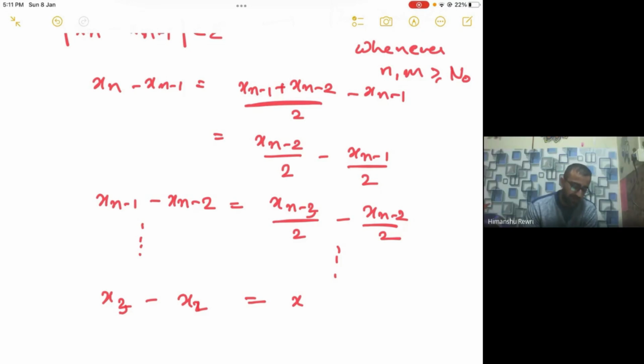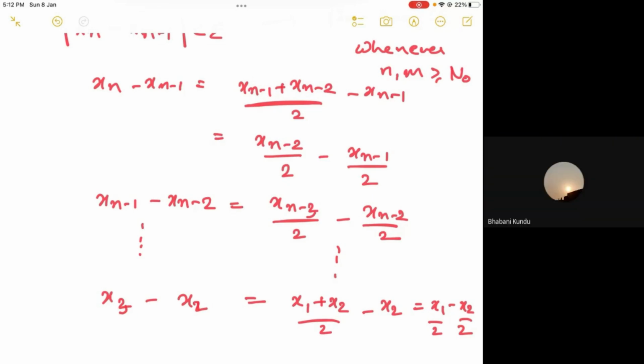Okay, so what will be my x3 minus x2? Tell me whether this is correct or not. Yes, it's correct.